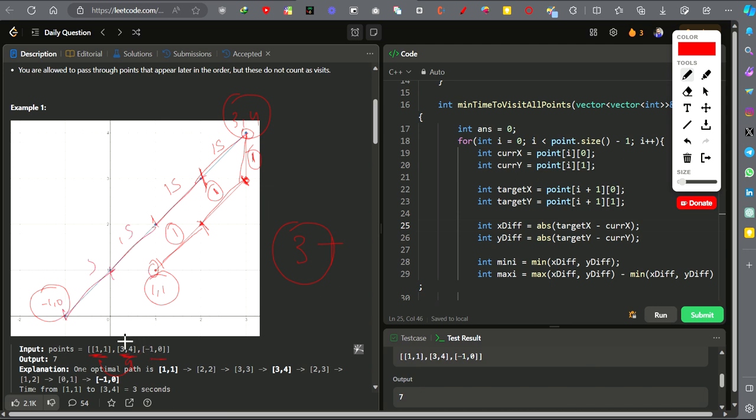So to cover from 3 comma 4 to minus 1 comma 0, we took 4 seconds, and from 1 comma 1 to 3 comma 4, 3 seconds. So in total 7. As we can see, 7 is the answer. I hope the question is clear to you.